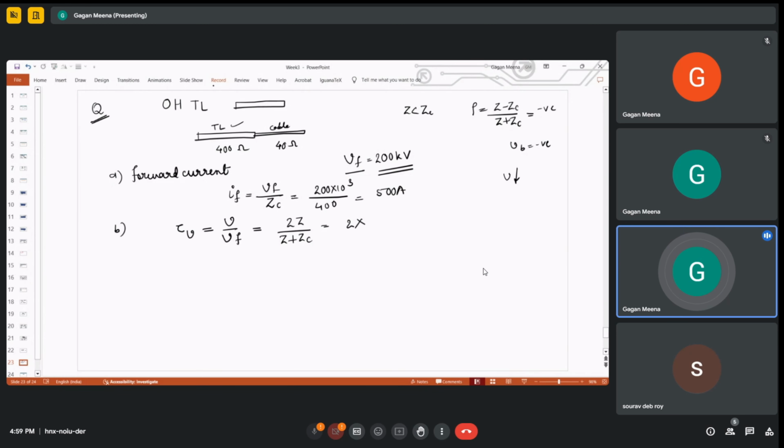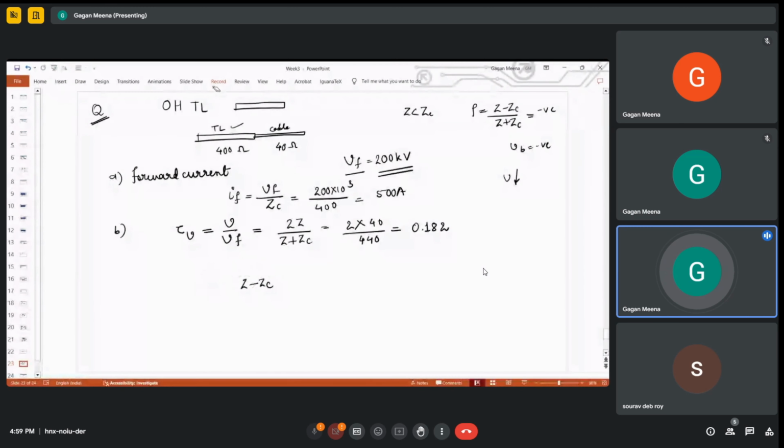So this is 2 into 40, divided by 440, so this is 0.182. So the refraction coefficient is 0.1818 or 0.182, and the reflection coefficient will be Z minus ZC upon Z plus ZC.